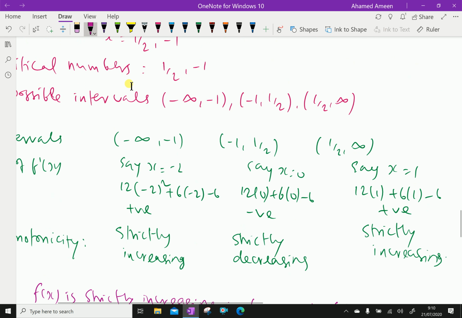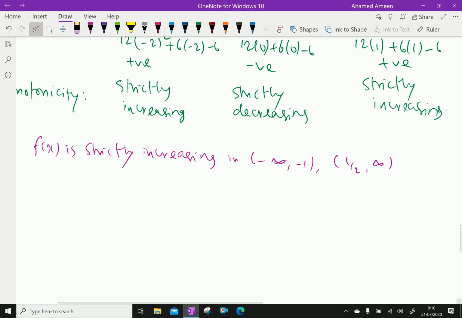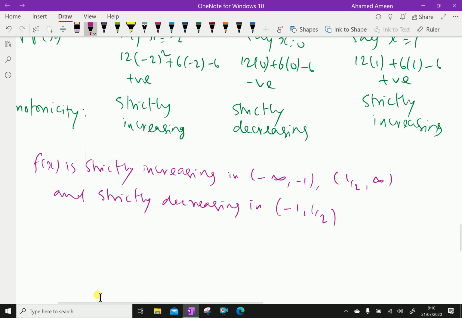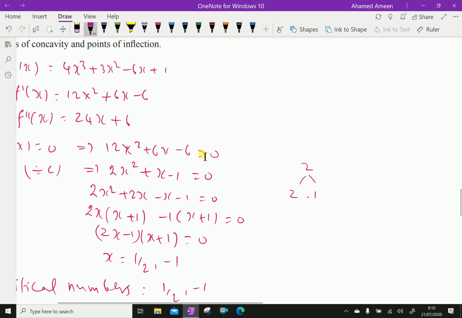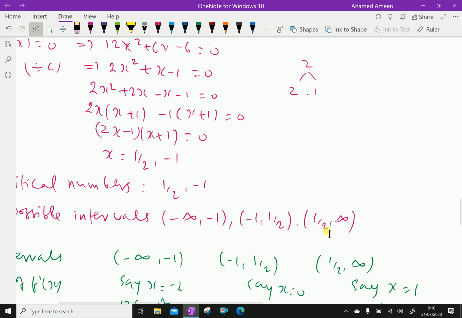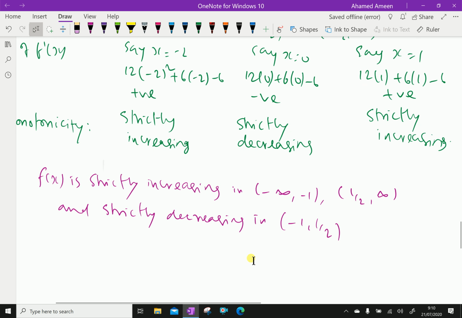In these two intervals f of x is strictly increasing, and strictly decreasing in minus 1 to half. This interval is strictly decreasing.